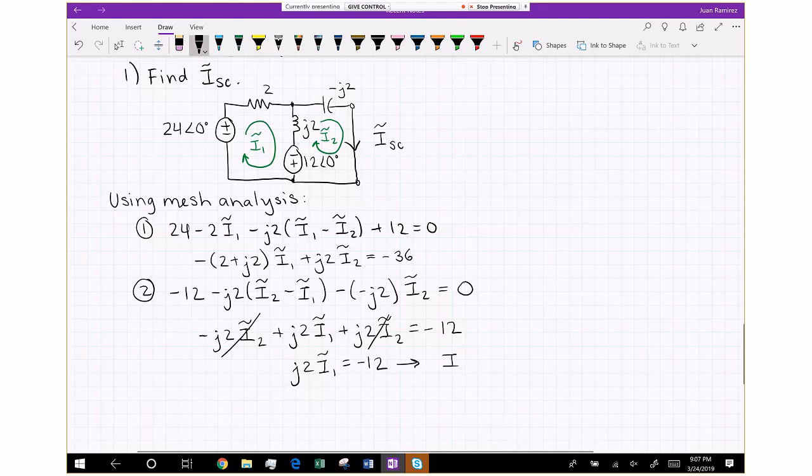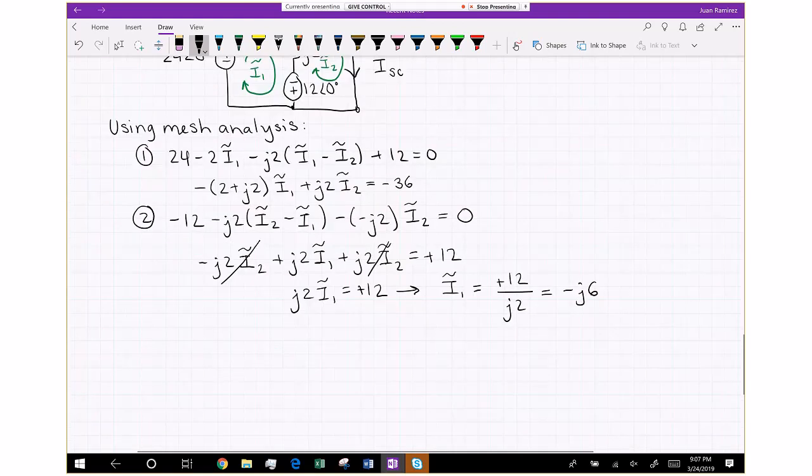And so you could use the KVL equation at mesh 2 to actually solve for I1. Alright, and we get negative J6. Sorry, this is positive 12. Okay, that's I1, but we actually really care about I2, so let's plug that back into the first mesh equation.